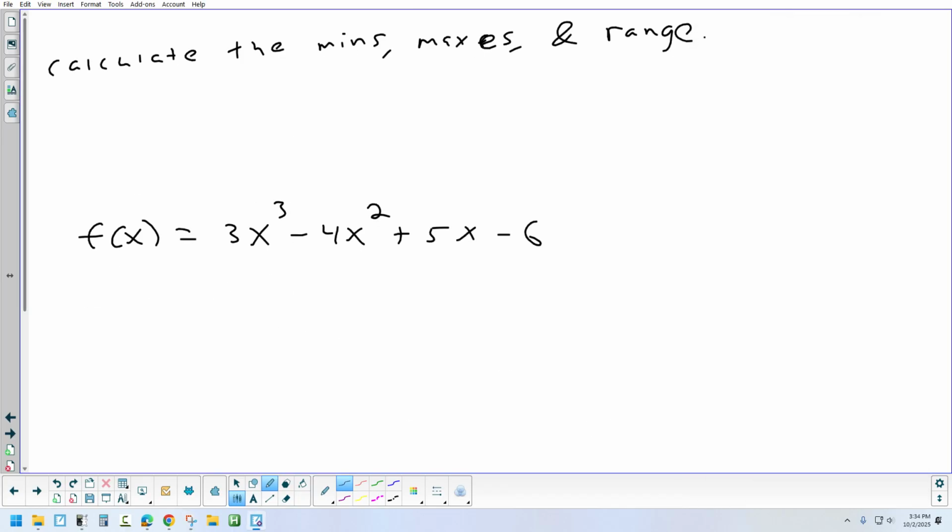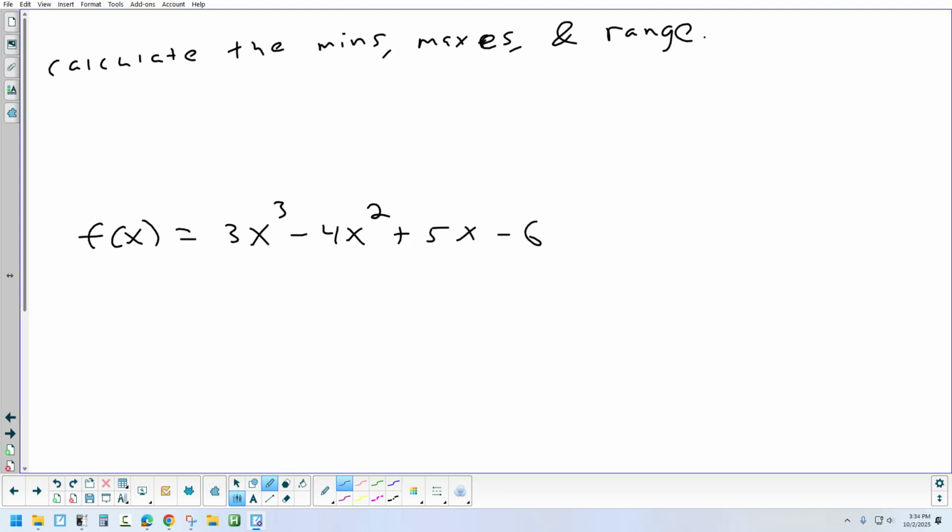All right, so the last one we'll take a look at is finding minimums and maximums in a polynomial. What's the EBM of this one? Up, down. What's the actual EBM, the model itself? 3x cubed, and that tells you that the behavior is going to be up, down.